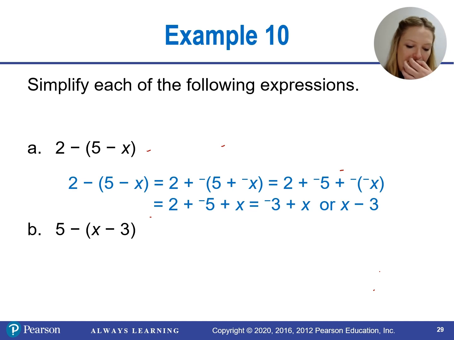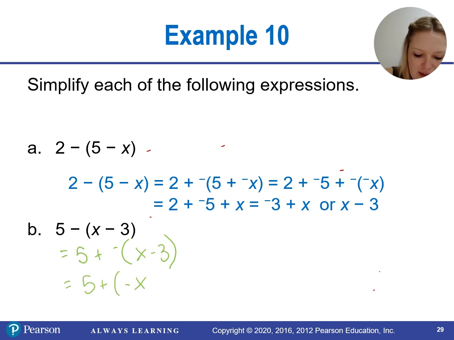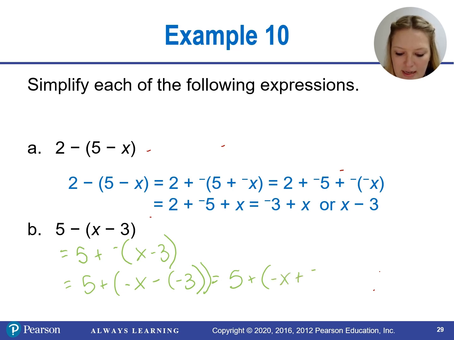If we wanted to simplify 5 minus the quantity x minus 3, then I could first rewrite it as 5 plus negative the quantity x minus 3, which is 5 plus negative x minus negative 3, which is 5 plus negative x plus negative negative 3, which is 5 plus negative x plus 3.